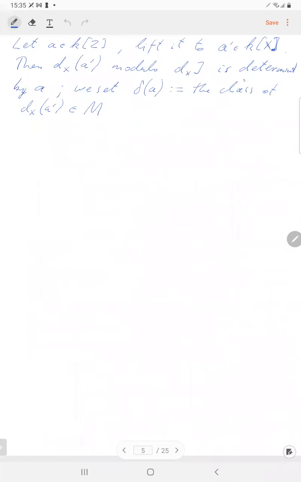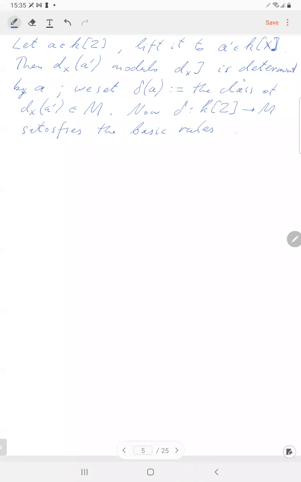Okay, so now this delta from functions on Z to M satisfies the basic rules. I mean, it's additive, satisfies Leibniz rule, kills the constants, and so on.